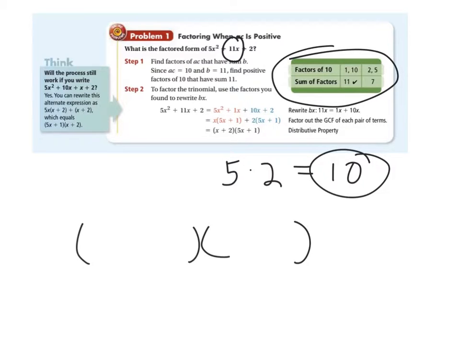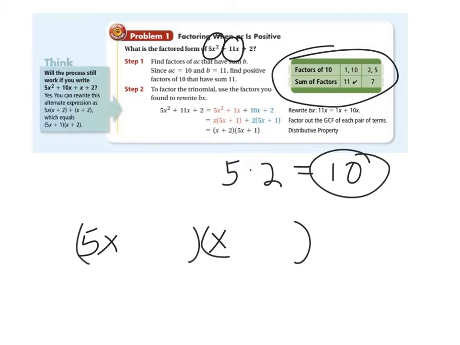So here's what I really mean to say. We're going to take and multiply 5 and 1. In other words, 5x and 1x. That's going to yield our 5x squared at the beginning. Then we have to go back and take a look. Okay, well, I know for sure I'm going to create 11 from 1 and 10. Well, how am I going to get that 1 and 10?